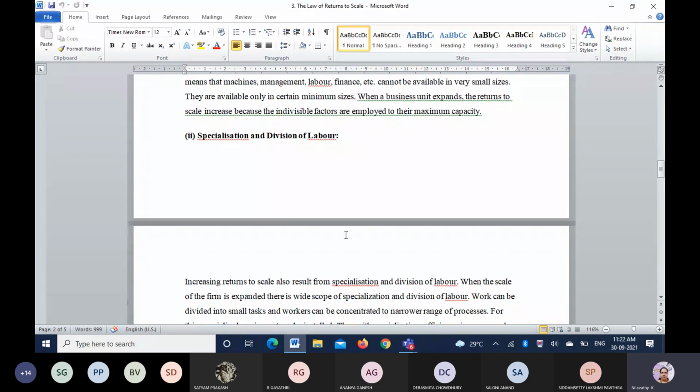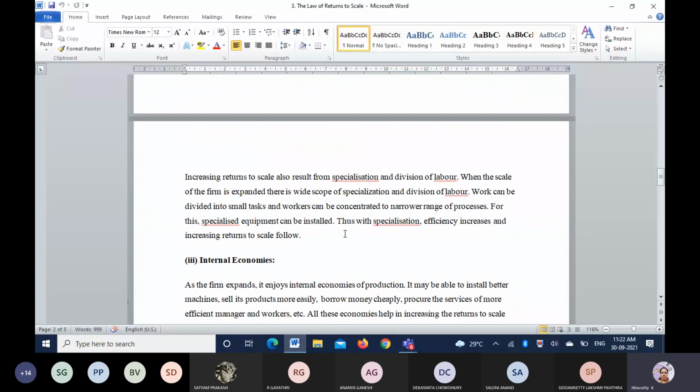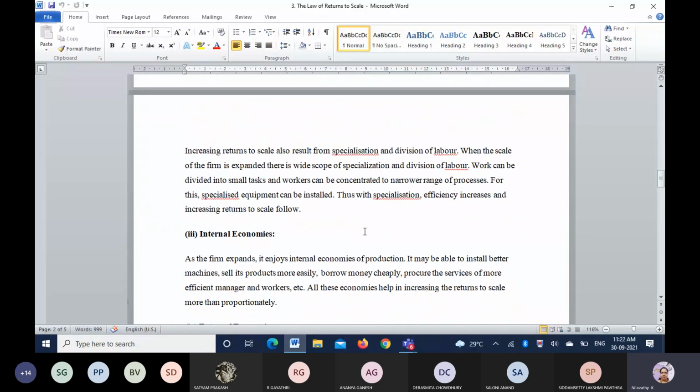Next comes specialization and division of labor, so that increases the capacity of production. Division of labor leads to specialization. Okay, in the very first class itself, I was talking about Adam Smith and his experiment on the pin making industry. When 18 processes were done by a particular individual, he was not able to complete the task.